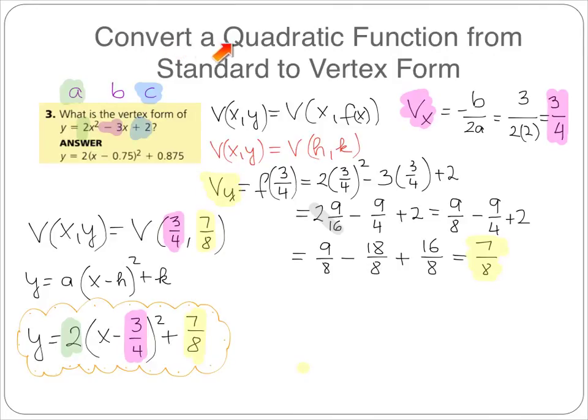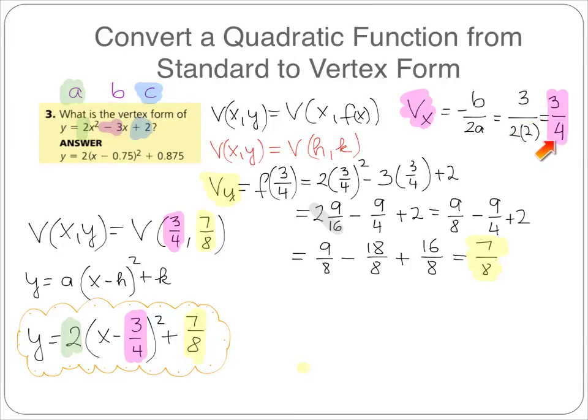Convert a quadratic function from standard form to vertex form. We can use the vertex to write the vertex form of the parabola. So what would be 2x² - 3x + 2 in vertex form? First, obviously, I have to find the vertex the same way we have done before. I plug in -b over 2a, which is 3 over 2 times 2, which is 3 over 4.